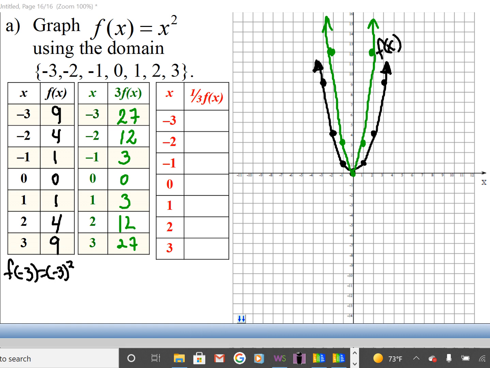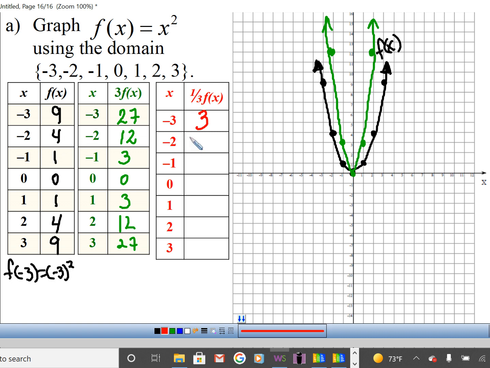Look up. What does this one say? Take f of x and multiply times what? 1/3. So what is 9 times 1/3? That's 9 over 3, which is 3. Yes. Next. What is 4 times 1/3?